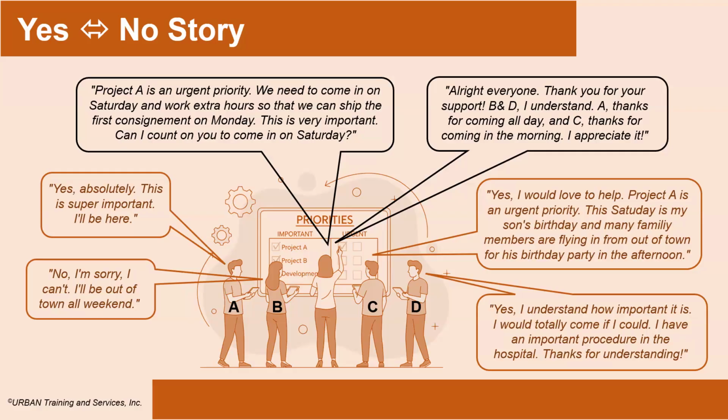Or is this C's way of saying, "No, I can't come that day"? Well, that's one of those yes-no stories where C might have most likely meant I'm not coming in at all, but the boss understood I'm coming in the morning. So there could be a big surprise Saturday morning when only A shows up and nobody else.